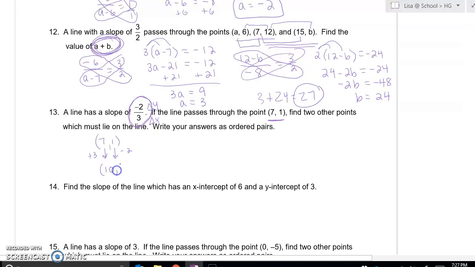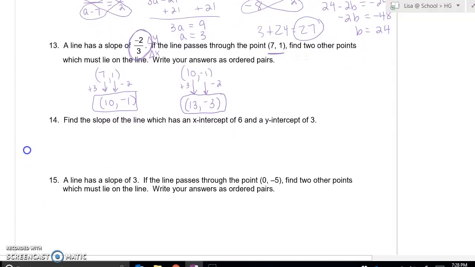That gives me an ordered pair of 10, -1, because I did 7 plus 3 is 10, and 1 minus 2 is -1. It asks for 2 ordered pairs, so I'm going to go again. I'm going to take the point 10, -1 that I just found and apply the slope again. So I'm going to add 3 to 10 to get 13, and I'm going to subtract 2 again. So that'll give me -3. There is my second point. Those are not the only points, but those could be the next 2 points that you pick.